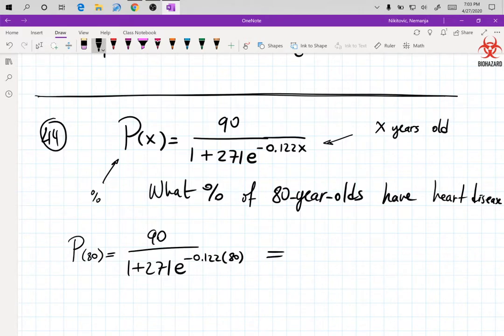And that's 90 divided by, open parenthesis, 1 plus 271e to the negative 0.122 times 80.